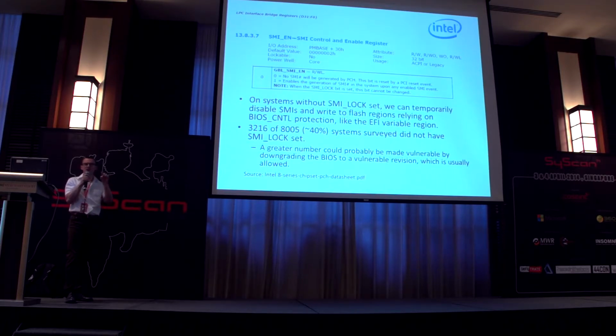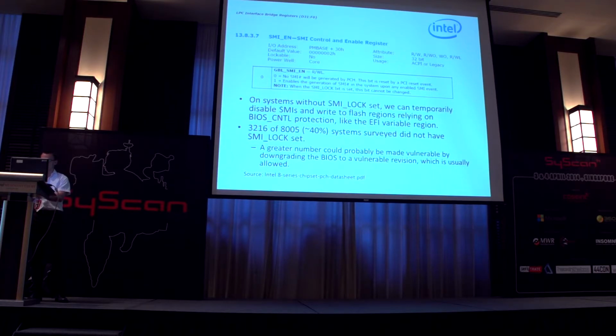Usually you can just downgrade the BIOS from the operating system from A3 to A2 and then exploit the vulnerability. We've pointed this out, and OEMs are hesitant to stop this kind of rollback, even with the security implications involved, because customers would get mad that this BIOS revision broke something and they want to be able to roll it back. So they're just unwilling to do that. So this number could be made much higher by rolling back the BIOS revision, which we didn't bother to do in this quick survey.